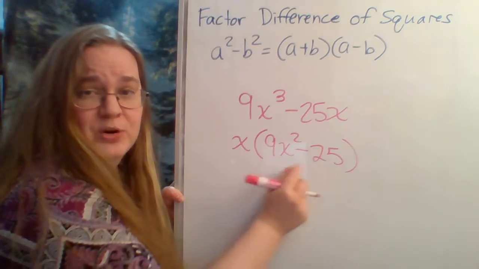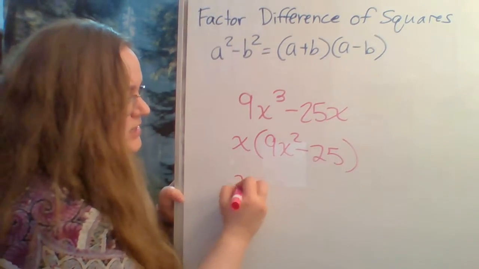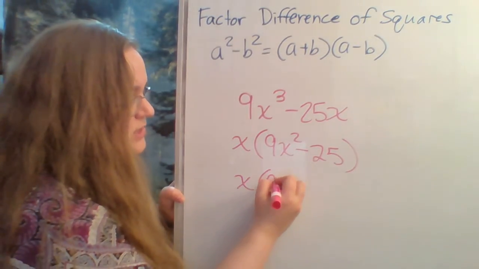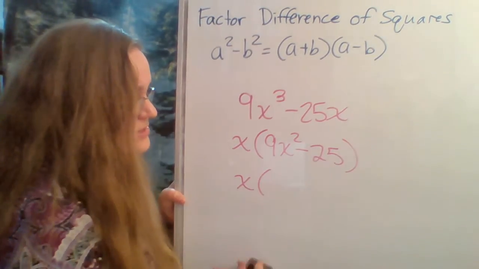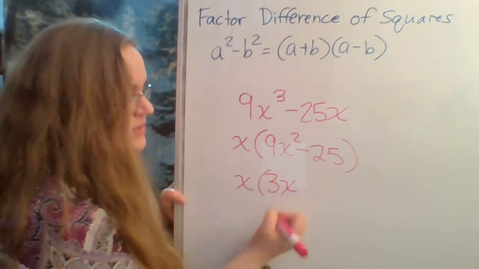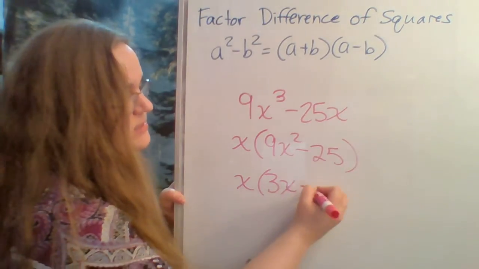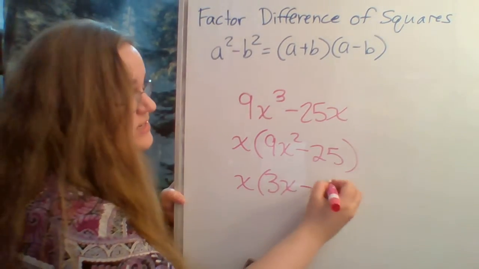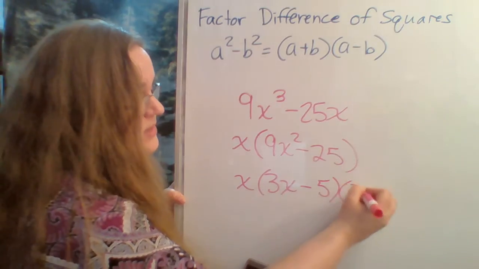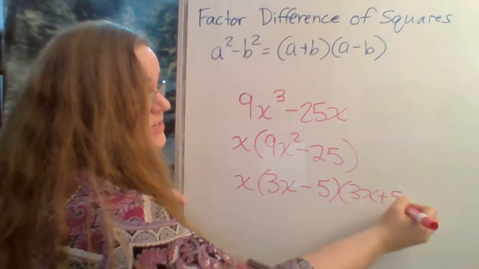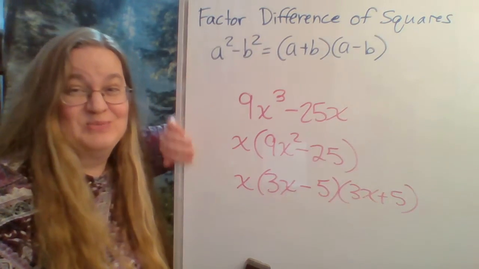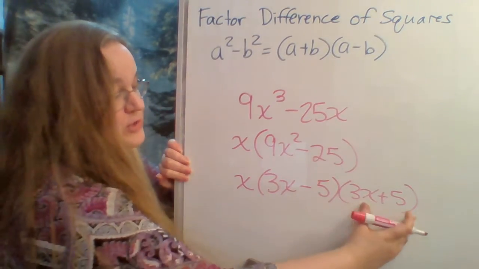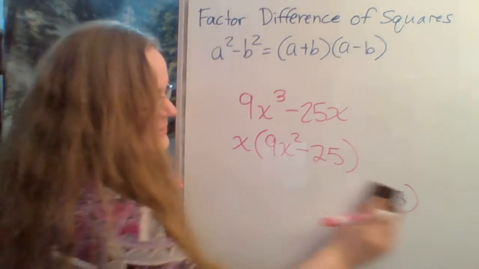Now these are both perfect squares, so I can go on. The square root of 9 is 3, and the square root of x squared is x, minus the square root of 25 is 5. And then I would have 3x plus 5. So sometimes you have to take the GCF first before you can actually rewrite it as the difference of squares.